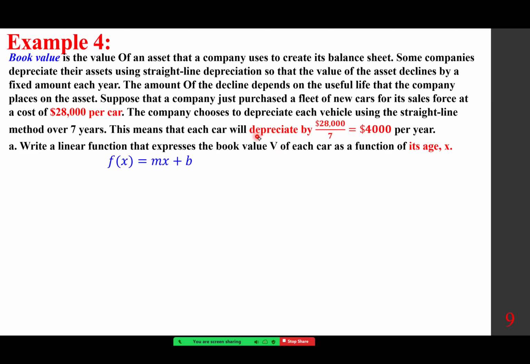If it decreases, it's negative. So minus 4,000 x. And what was the original value? The y-intercept. In this case, the v-intercept is $28,000. So v of x is minus 4,000 x plus 28,000. That's what we begin with.